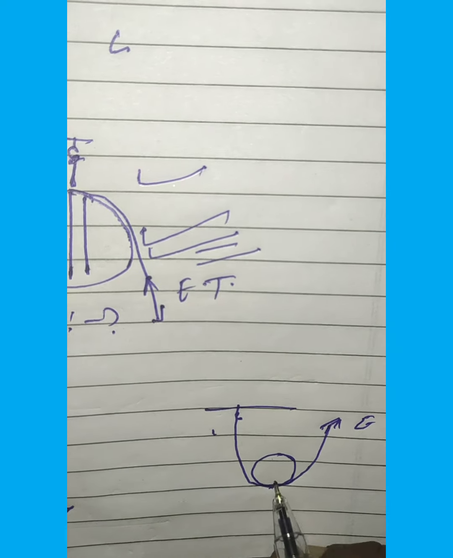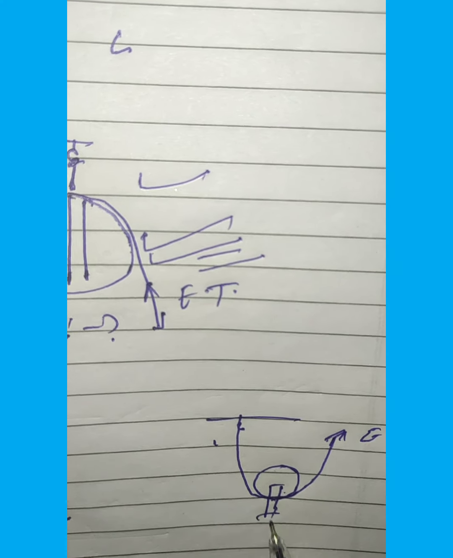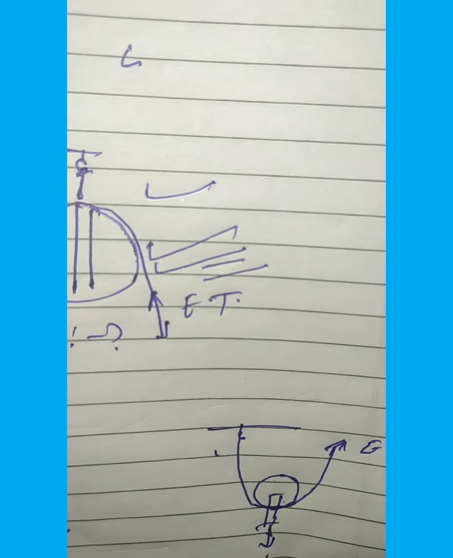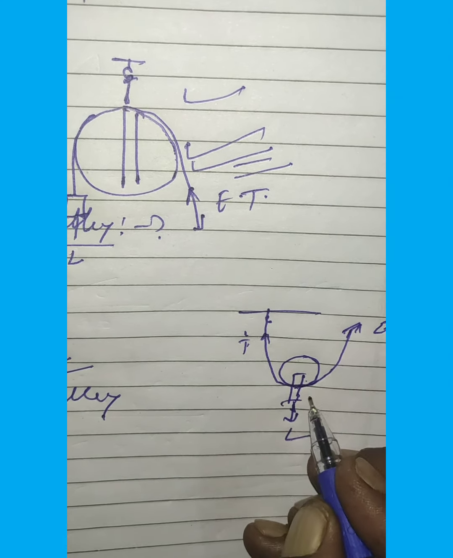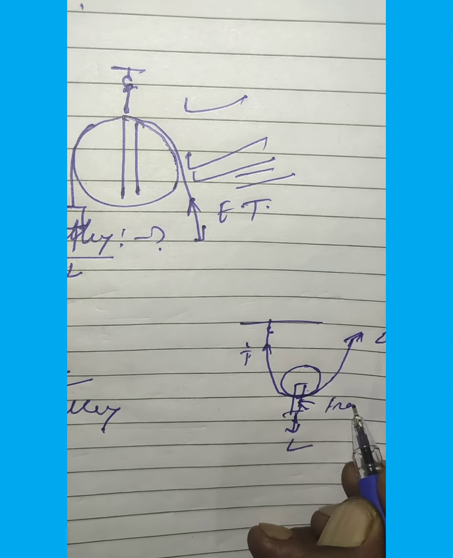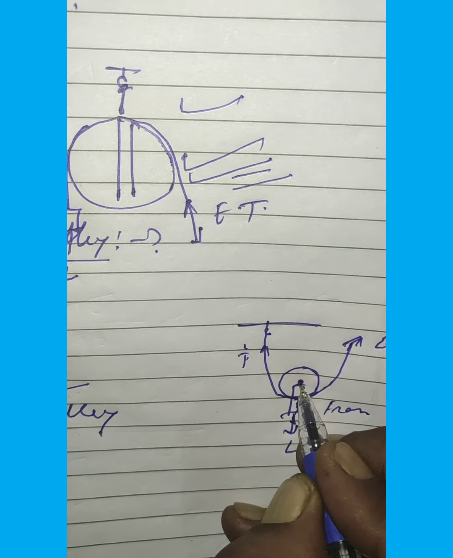The load will act in the downward direction here. This is also tension on the string. This is the frame and this is the axle.